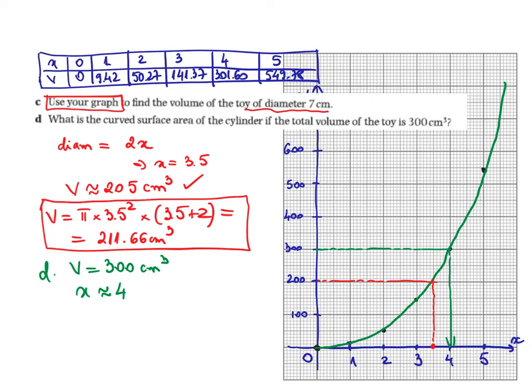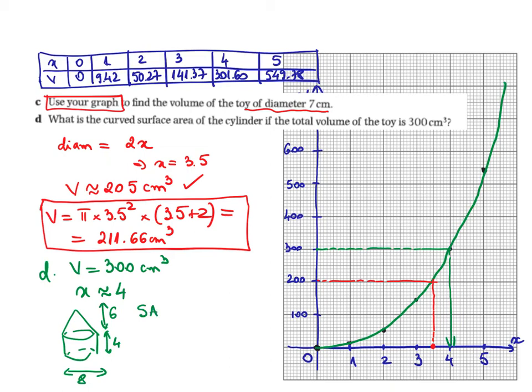So I'll need now to look at the surface area. Let us remember that my toy looked like this, with the diameter being 8, in this case 2x, the height is 4, and this height here is 6.